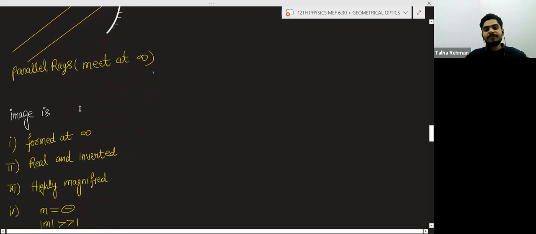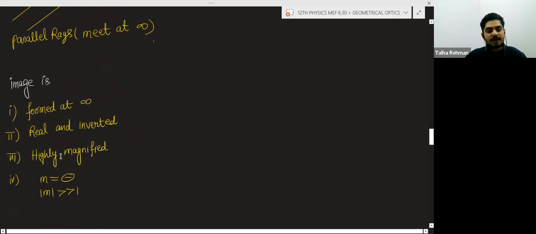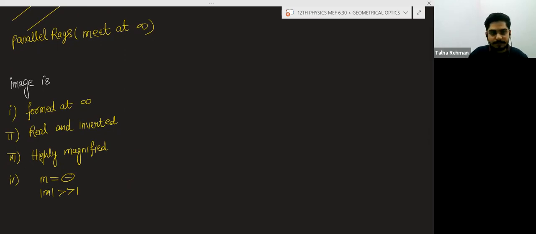It will be real and inverted, highly magnified, and magnification is negative, and magnitude of the magnification is much greater than 1, because height of the image is much greater than the height of the object.